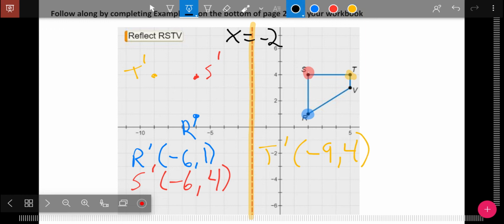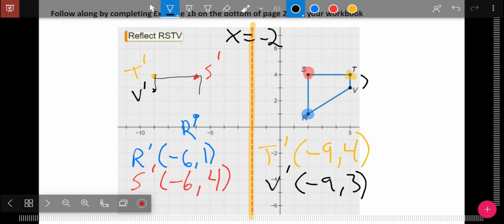Then TV is 1 down, so I go 1 down over here for my new V. So V image is also -9 out, but only 3 high. I should connect the dots so my graph looks like, to me, the other wing of a plane on the other side. It got reflected across.